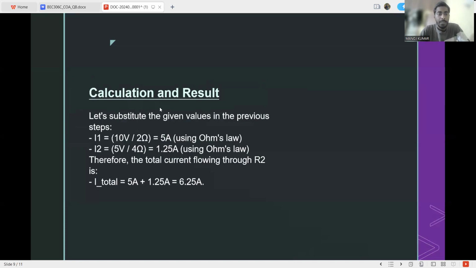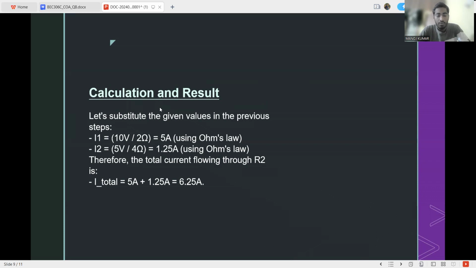Next page. Calculation and result. Let's substitute the given values in the previous steps. I1 is equal to 10 volts divided by 2 ohms, which is 5 amperes, using Ohm's law. I2 is equal to 5 volts divided by 4 ohms, which is 1.25 amperes, using Ohm's law.